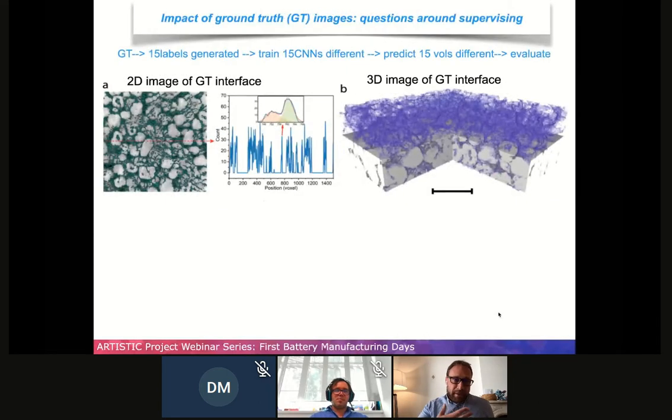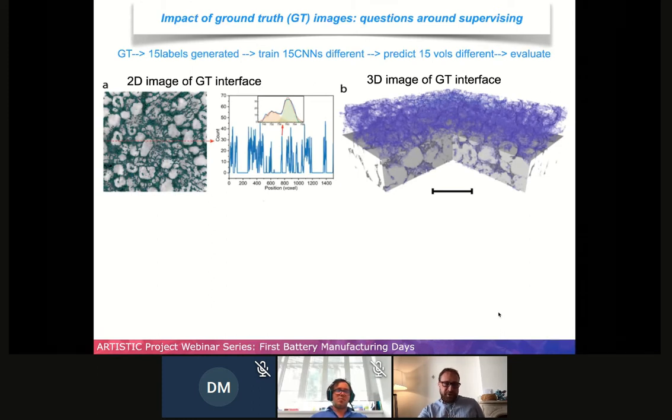So the problem of all the CNNs, especially for image treatment, is how can we evaluate the impact of the ground truth on the final result. Behind this question, there is all the question around supervision, because all the models we use here are supervised models.